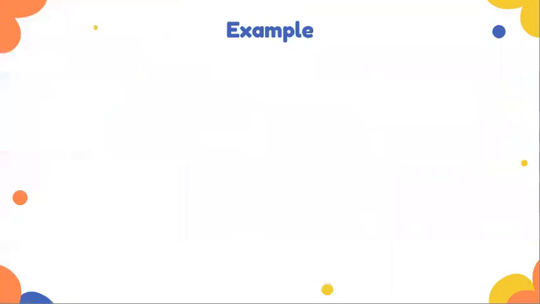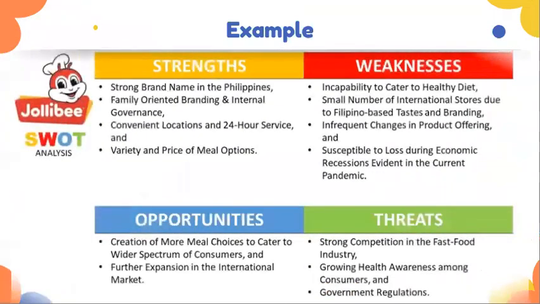For the detailed example, we have this SWOT analysis of Jollibee Foods Corporation or JFC. The strengths they identified: strong brand name in the Philippines, family-oriented branding and internal governance, convenient locations and 24-hour service, and variety and price of meal options.